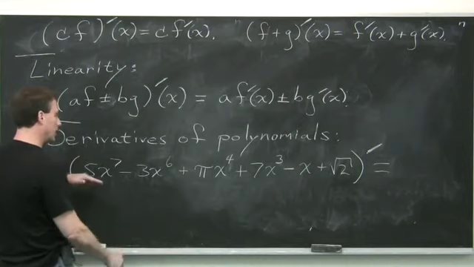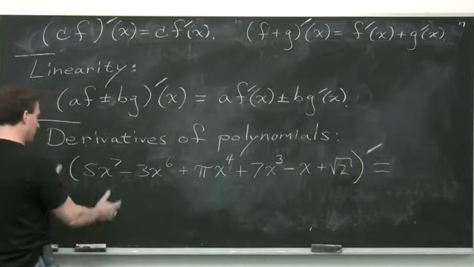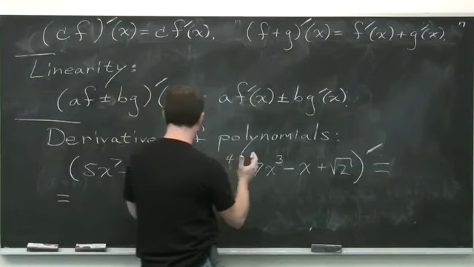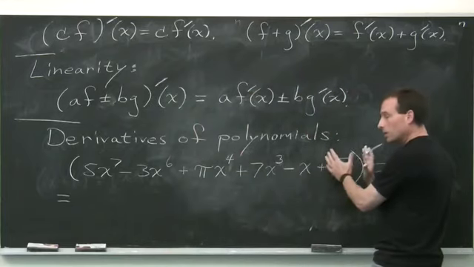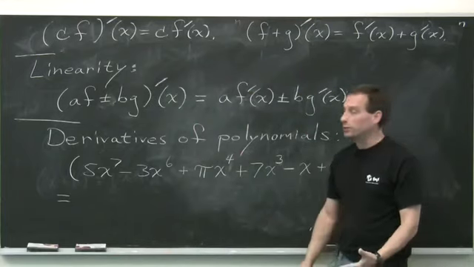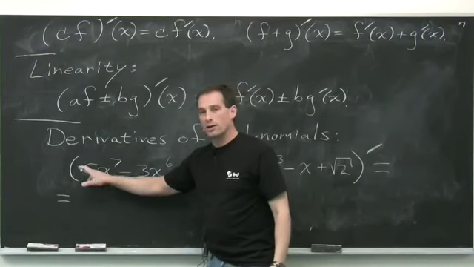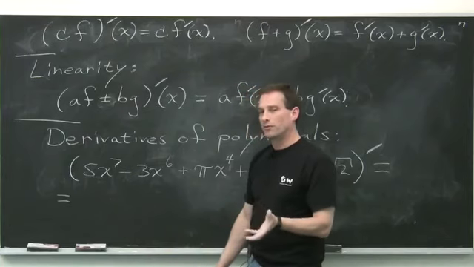And what happens? We get, by linearity, this long derivative breaks up into the derivative of this part minus the derivative of this part plus the derivative of this part plus the derivative of this part minus the derivative of x plus the derivative of the square root of 2. But then the derivative of this part, by linearity, you can pull out the 5, and you're just left with having to calculate the derivative of x to the 7th.